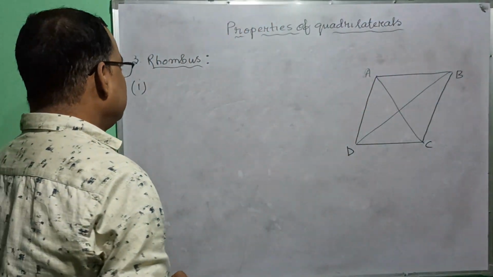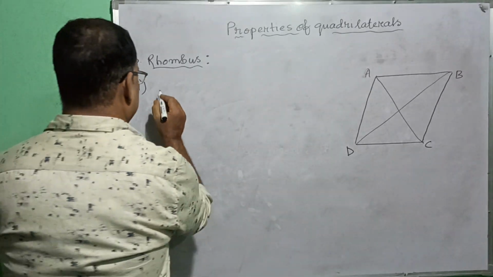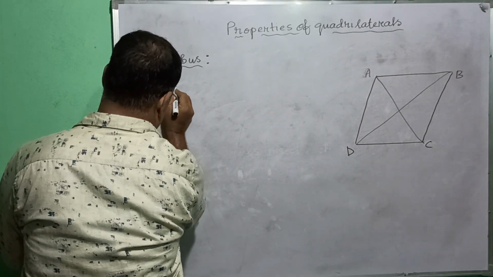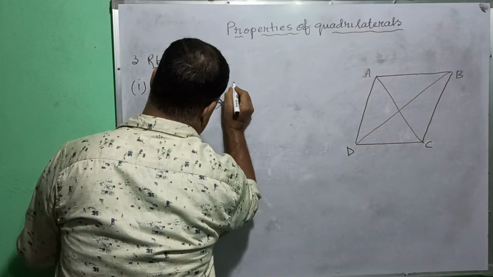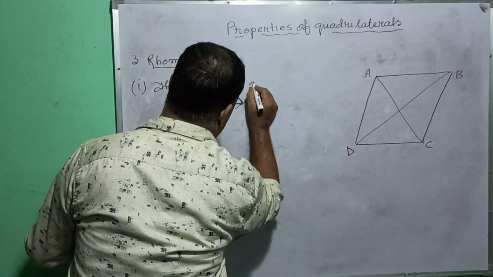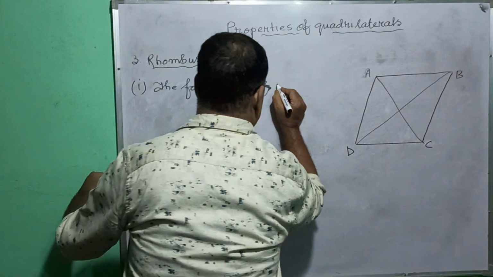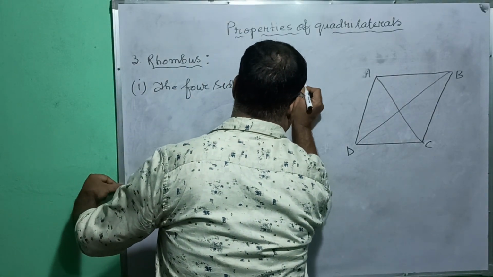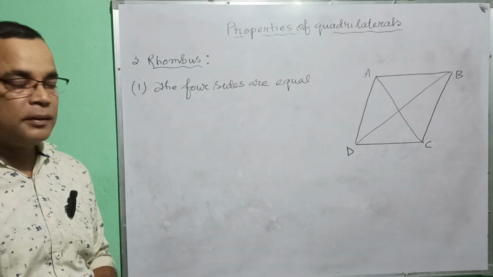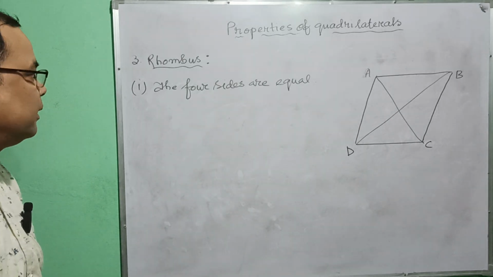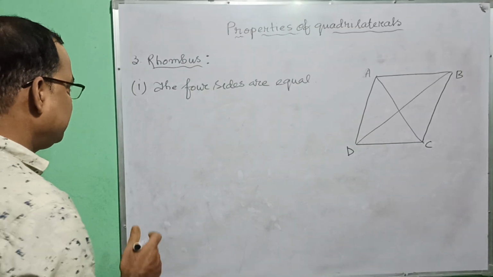So in a rhombus, the four sides are equal in measure. So one similarity is there with square: in case of rhombus also the four sides are equal.